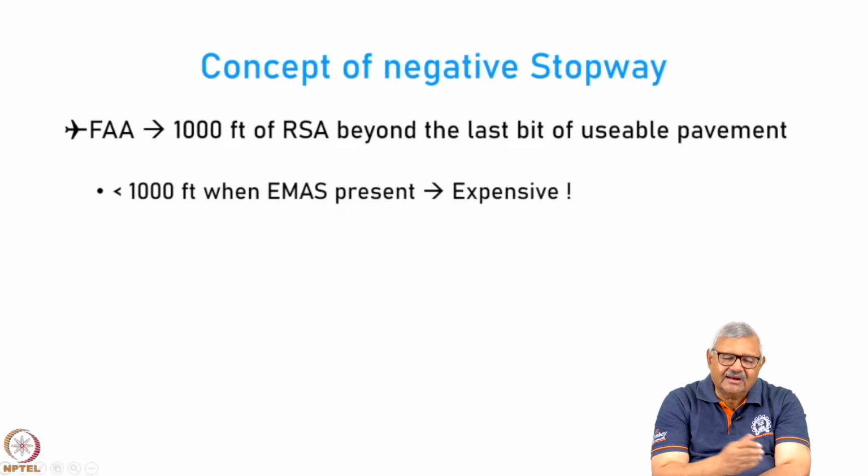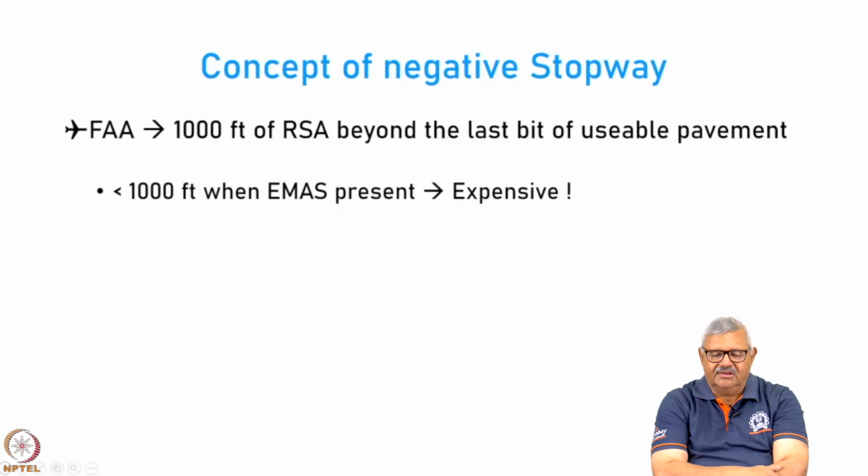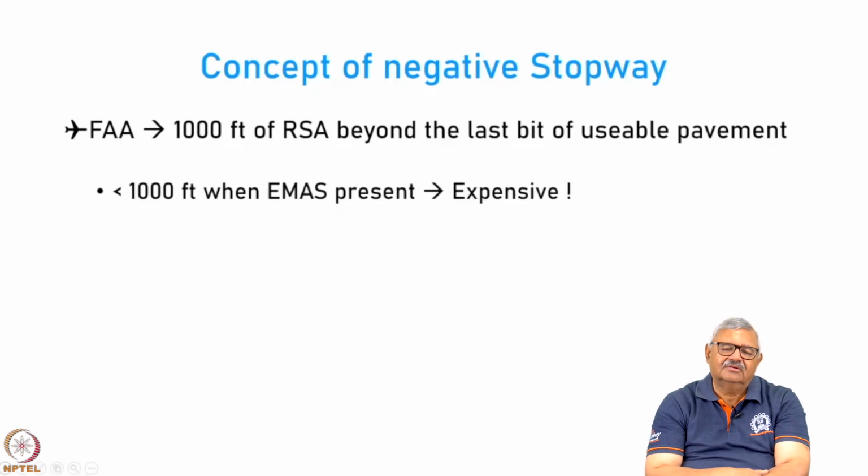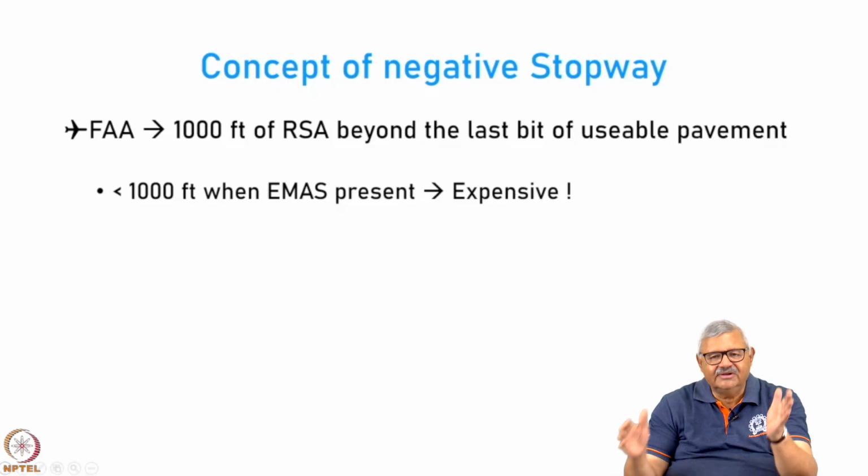Now, this 1,000 feet can be relaxed if you put in the EMAS system, engineered materials arresting system, but that is very expensive. And we have already seen what EMAS is in the previous lecture when we talked about airport design. So, if you have EMAS, you do not have to have 1,000 feet of runway safety area beyond the pavement, but if you do not, because it is expensive, you need to have 1,000 feet clear.